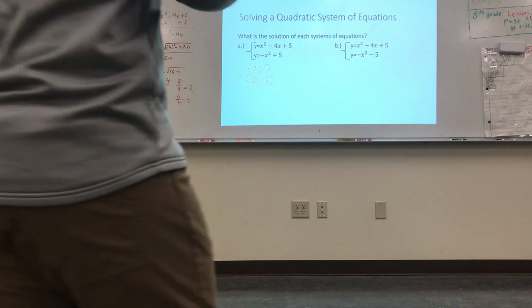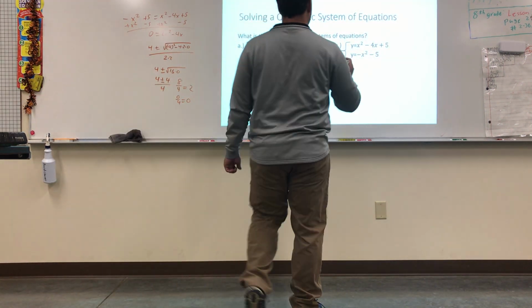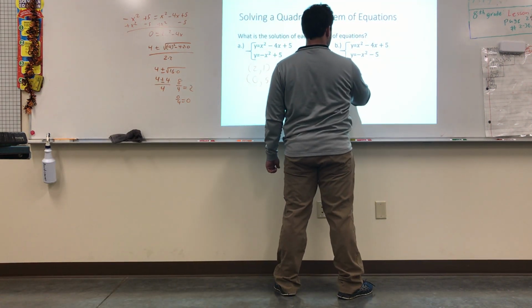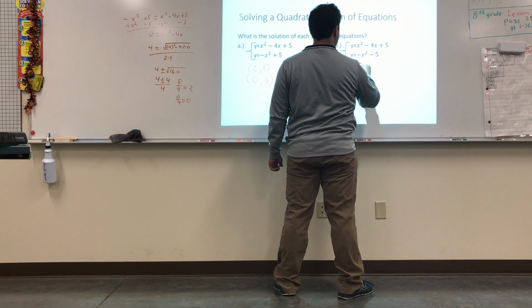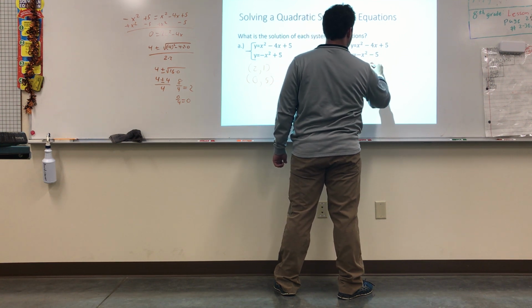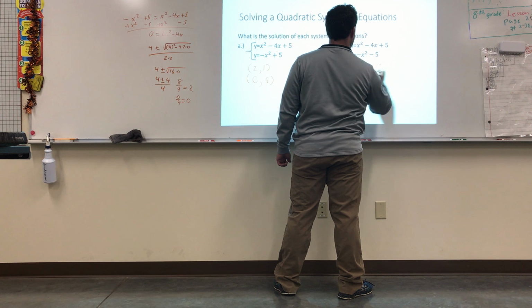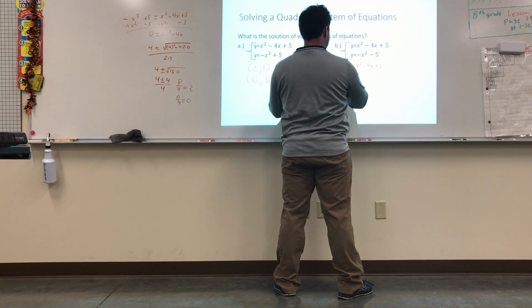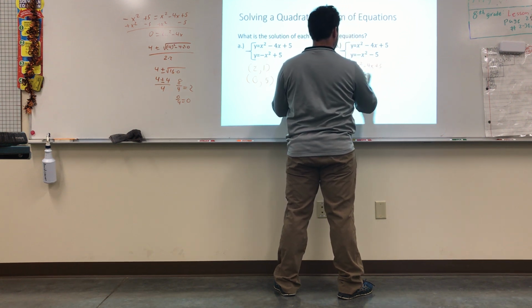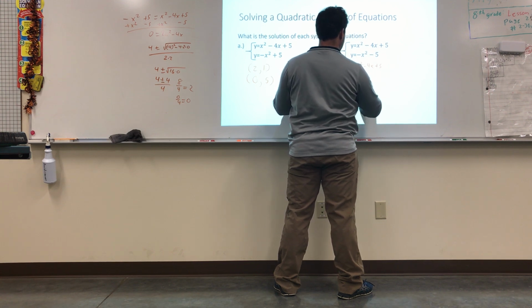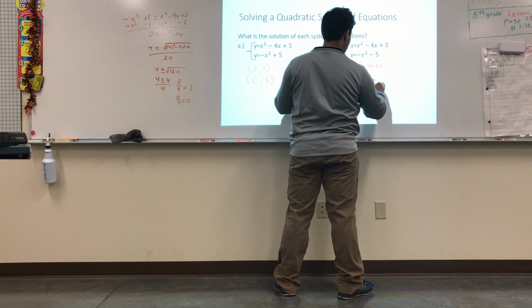We are going to do the exact same thing. We're going to get negative x to the second minus 5 equals x to the second minus 4x plus 5. We are going to add x to the second, add x to the second. We are going to get negative 5 equals 2x to the second minus 4x plus 5.